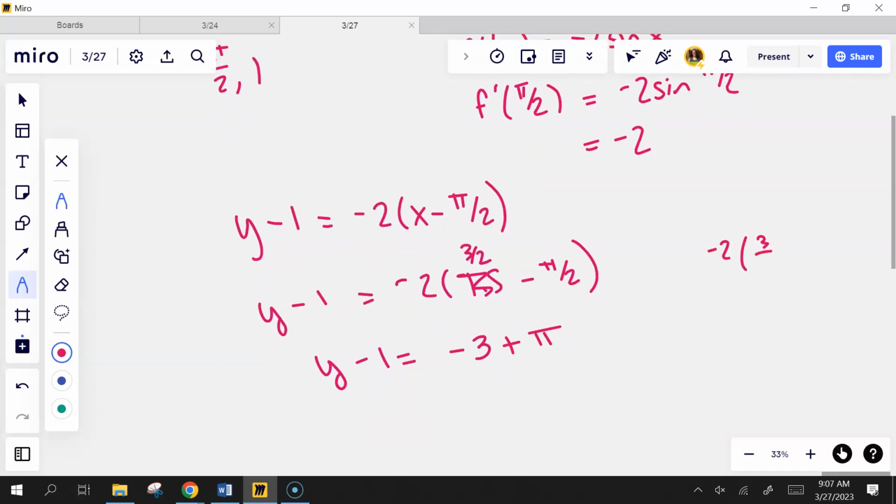Negative 2 times 3 over 2 is negative 3. Add 1, and that's C. Those are satisfying when you do get them. Yeah.